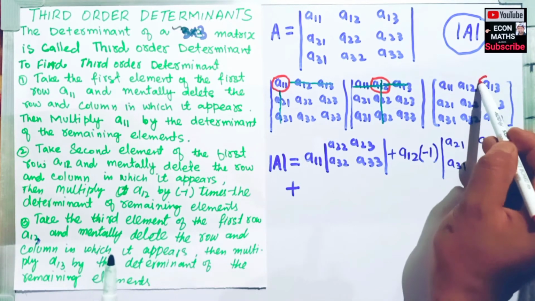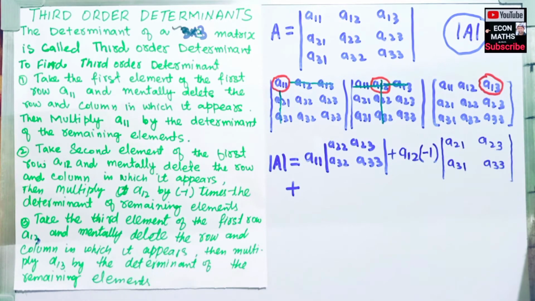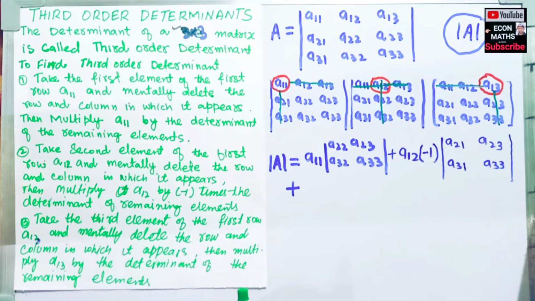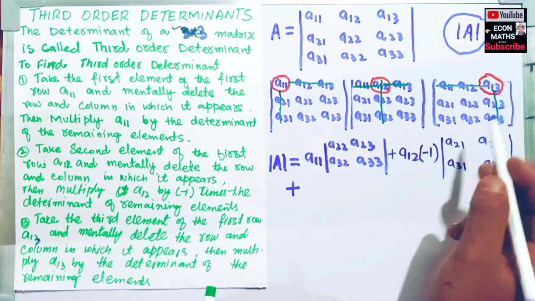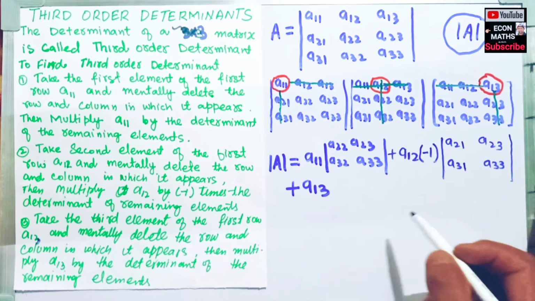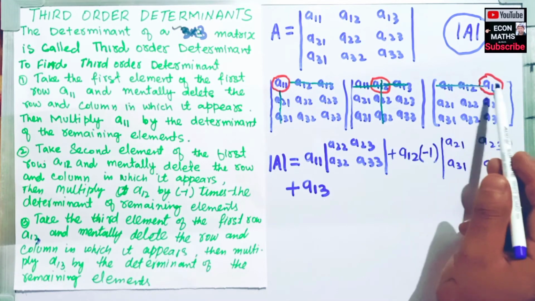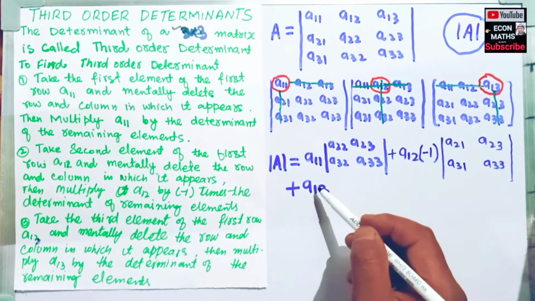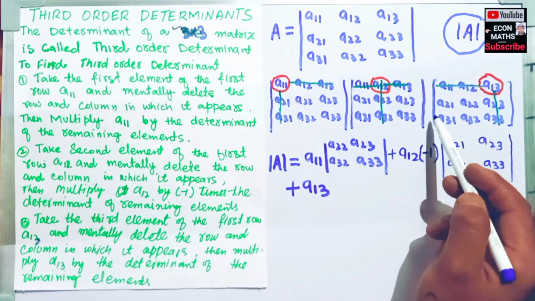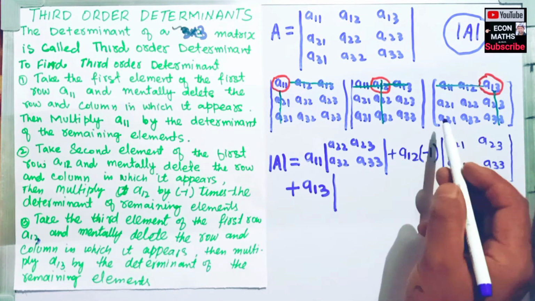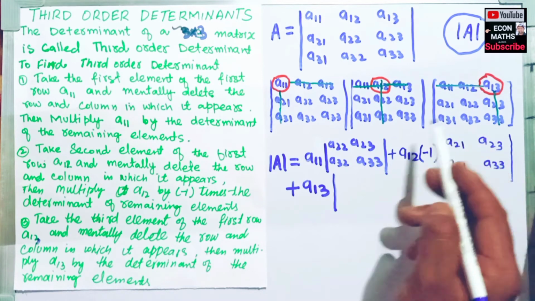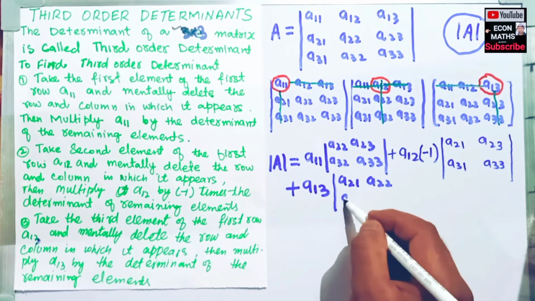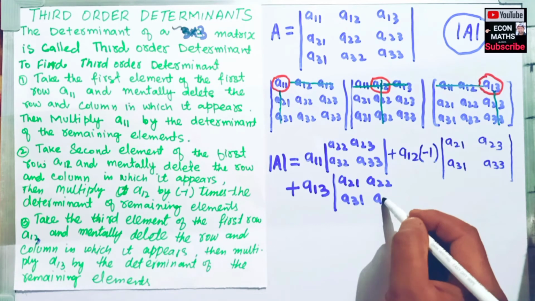I will circle this and mentally delete the row and column in which it appears. Then multiply this element by the determinant of the remaining elements, that is A21, A22, A31 and A32.